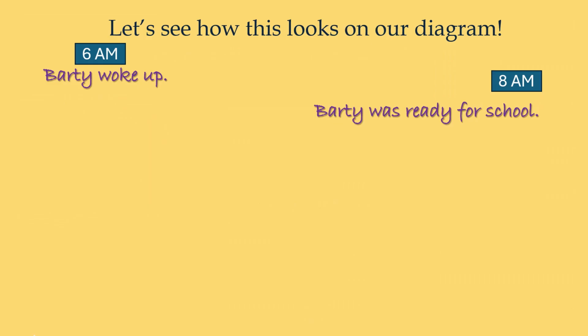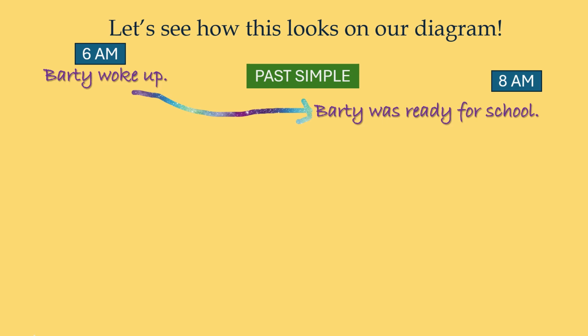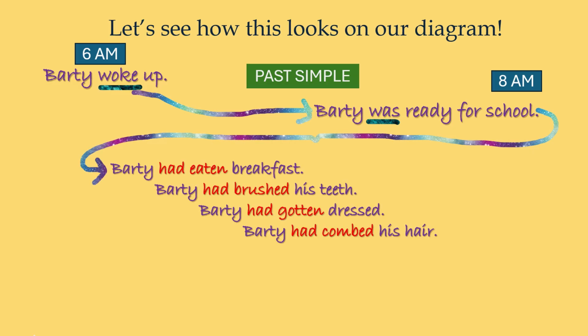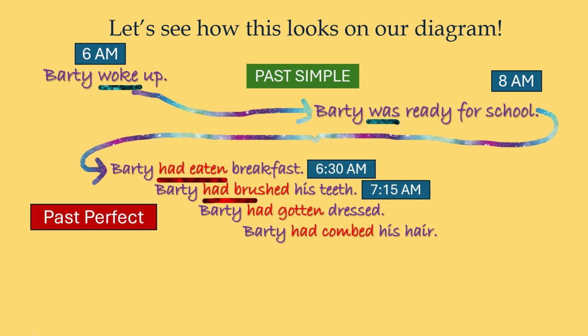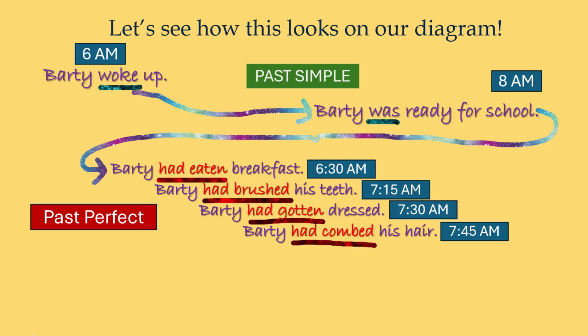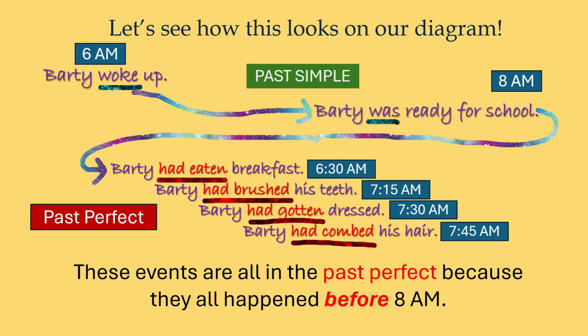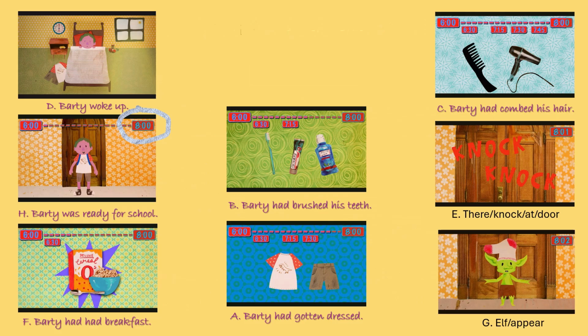Okay, so let's see how this all looks on our diagram. When we're moving forward in time, we have the past simple. Then we jump back in time, and we have the past perfect. These events are all in the past perfect because they all happened before 8 a.m. And now, what is the next event?